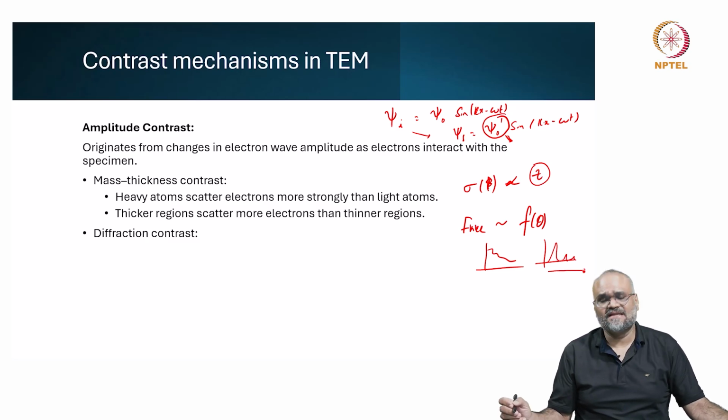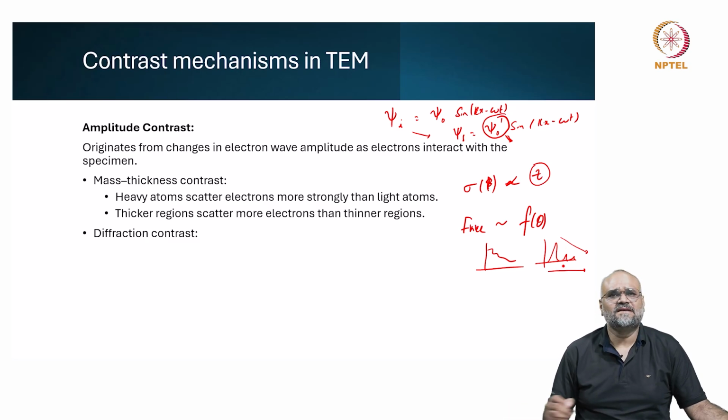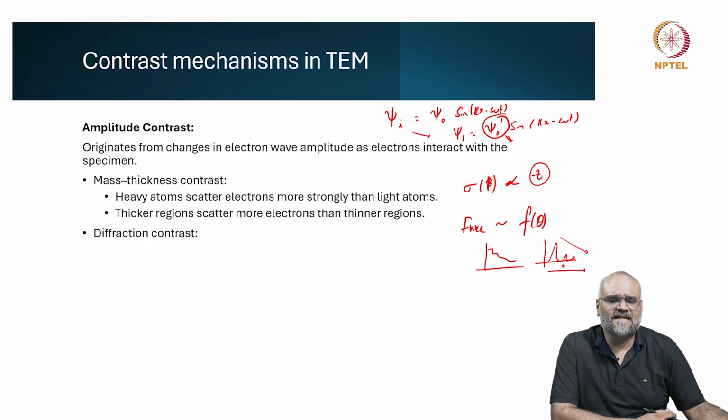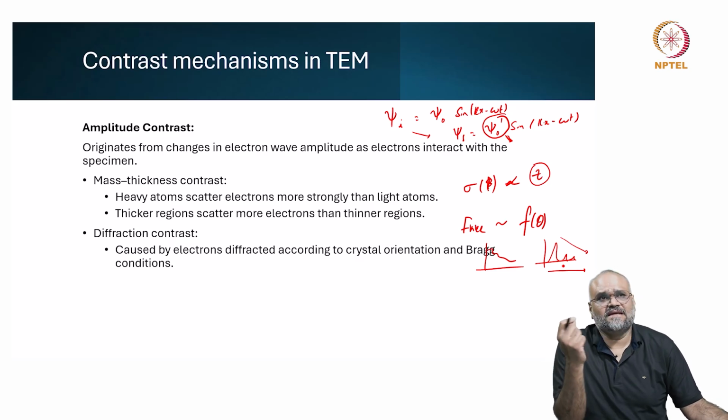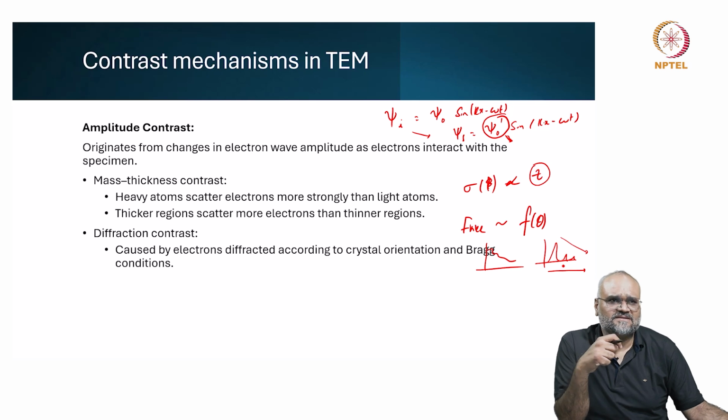And as you go farther away from the optic axis, or as the angle of scatter increases more and more, the amplitude also drops down. The positions of these peaks and the amplitudes we've already established are dependent on the crystallinity of the material and also the atomic number. So the intensity variation in a diffraction pattern, or the diffraction contrast, is caused by electrons diffracted according to crystal orientation and Bragg conditions.